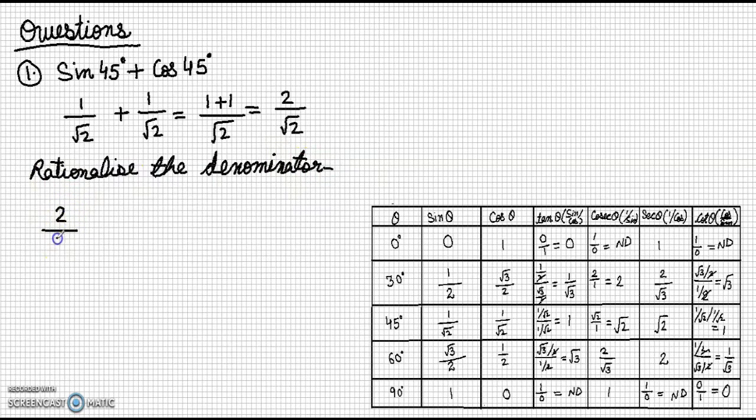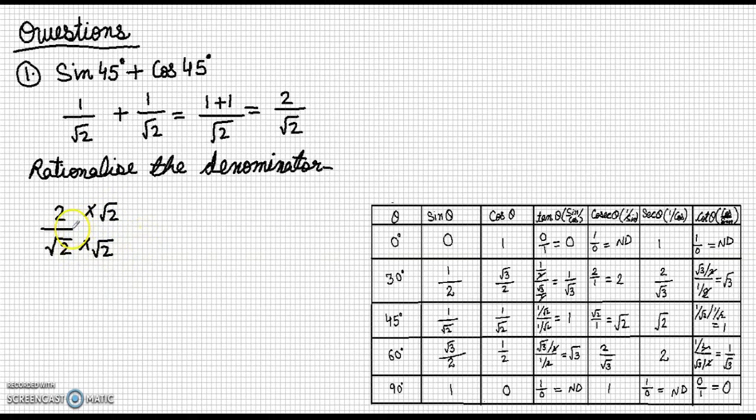So after rationalization we have 2 upon root 2 multiplied by root 2 in the numerator and denominator, and then we get the answer as 2 root 2 upon 2, then 2 gets cancelled with 2 and we have root 2 as the answer.